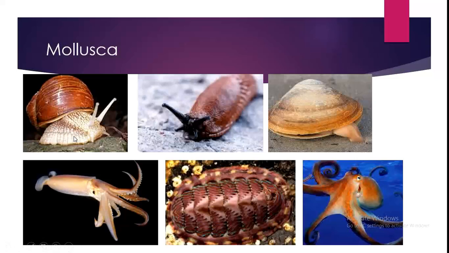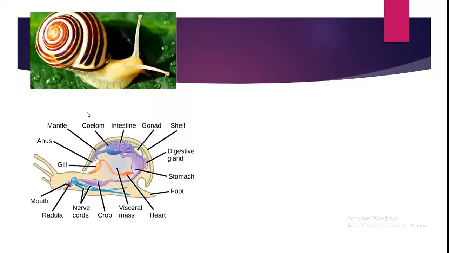They do not show any segmentation. Their body is divided into head and a muscular foot. And there is a structure known as a visceral mass, in which all the body organs are accumulated.